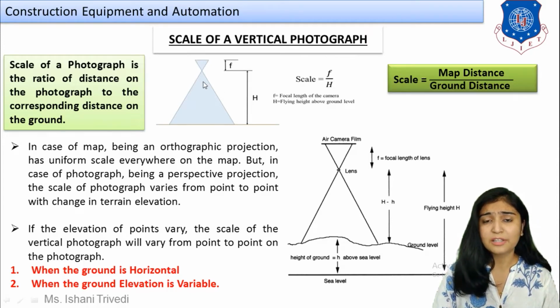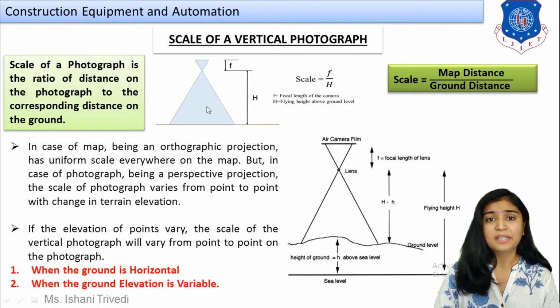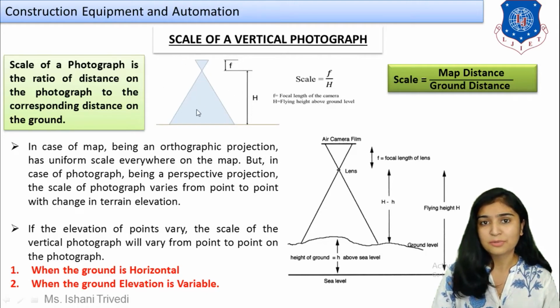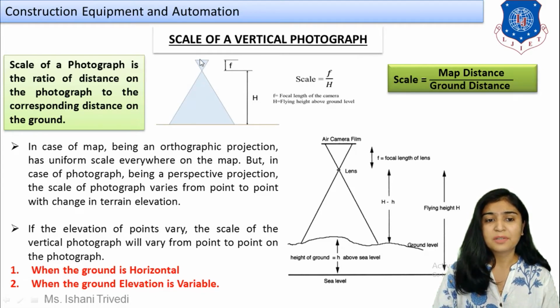So what is the scale of the photograph? We have the ratio of the distance on the photograph divided by the distance on the ground. In simple terms, if you want to understand, look at the sketch over here. You are also supposed to draw this. At the top will be your exposure station. This is your photograph. This is your focal length.